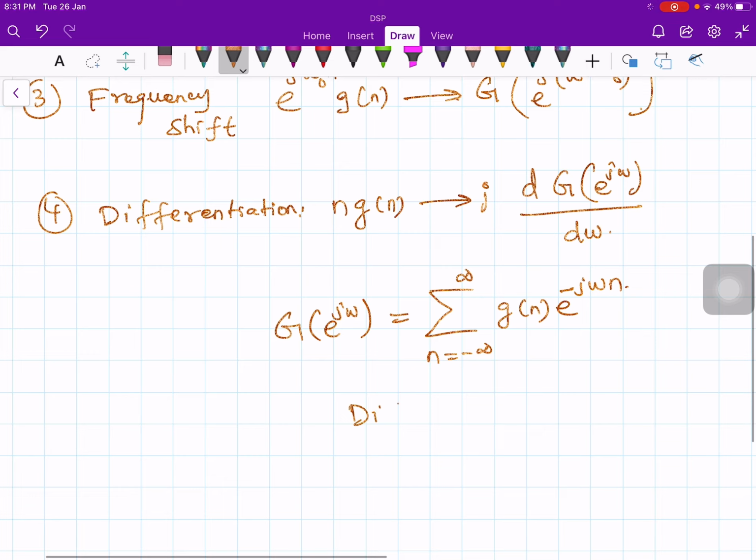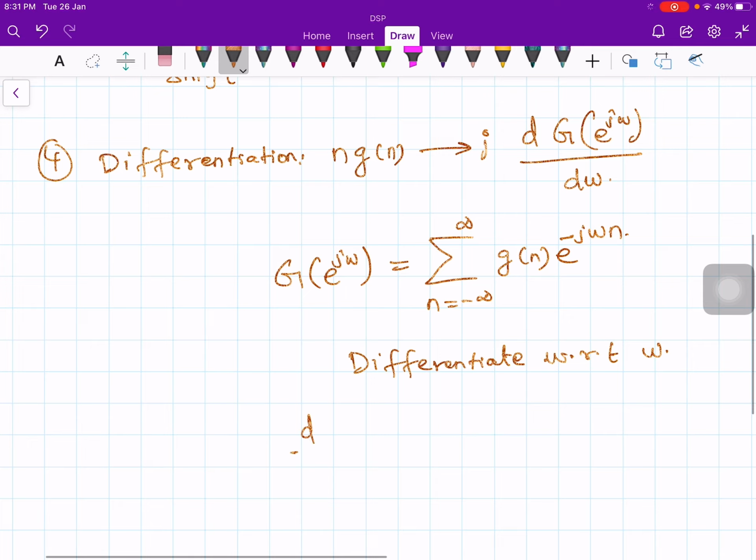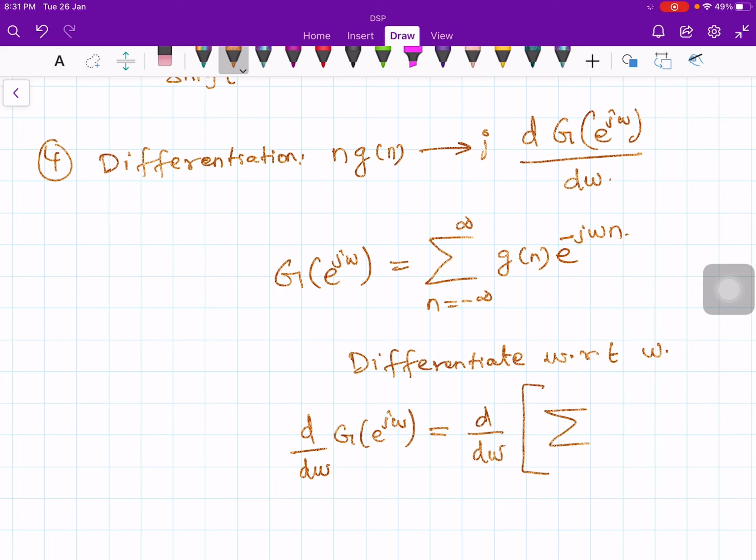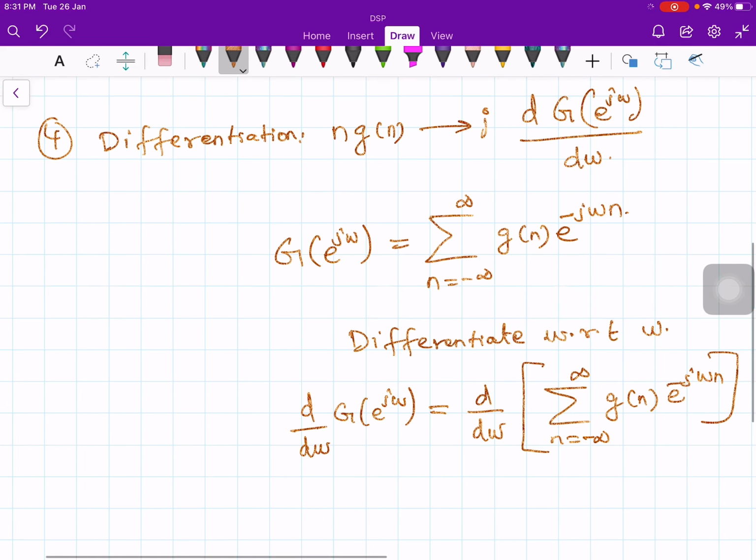Now differentiate with respect to omega. So d by d omega of G of e to the j omega is equal to d by d omega of the summation of g of n e to the minus j omega n, where n goes from minus infinity to plus infinity.